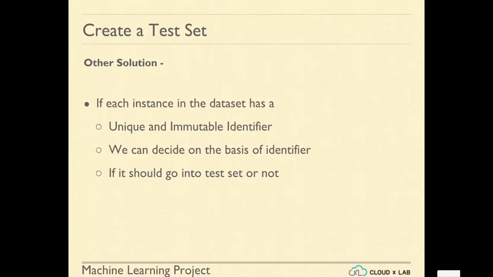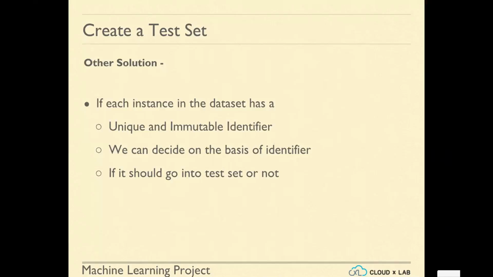So we fixed a column, and based on that column's value, we generate a number between 0 and 1. Based on that, we figure out whether we should put the record in the training set or the test set.